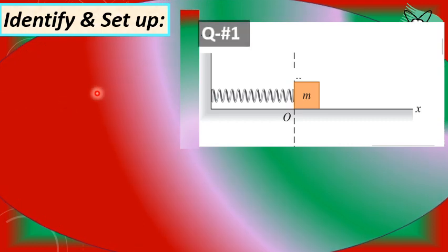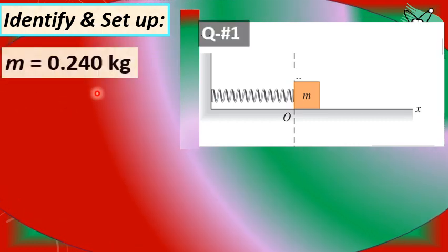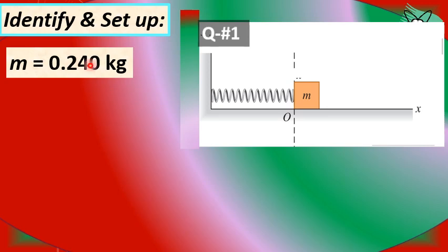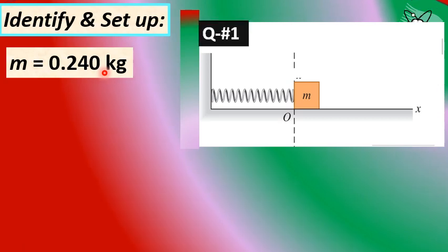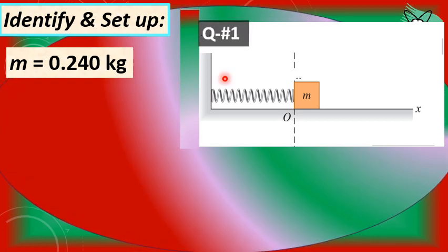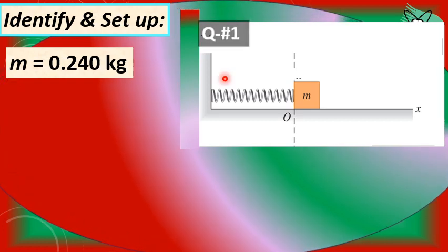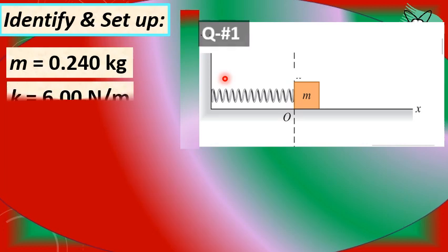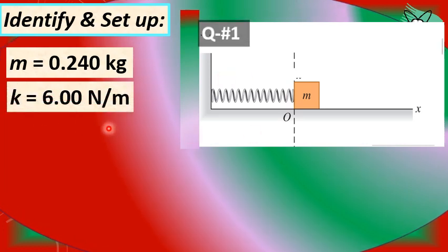Problem number 1 describes a glider with a mass m equals 0.240 kilogram on a frictionless horizontal track attached to a horizontal spring of force constant K equals 6.00 Newton per meter.